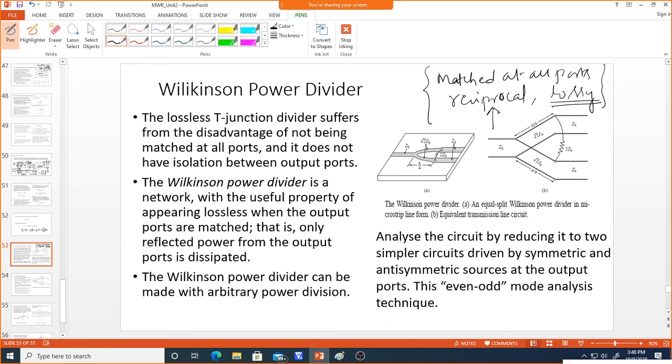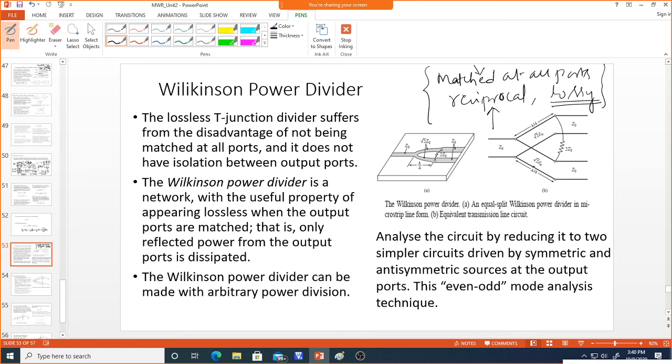The network is reciprocal and all the ports are matched. So port 1, port 2 and port 3 are matched, and it is reciprocal, and then the power is equally divided between port 2 and port 3. Okay, so this is about the Wilkinson power divider.